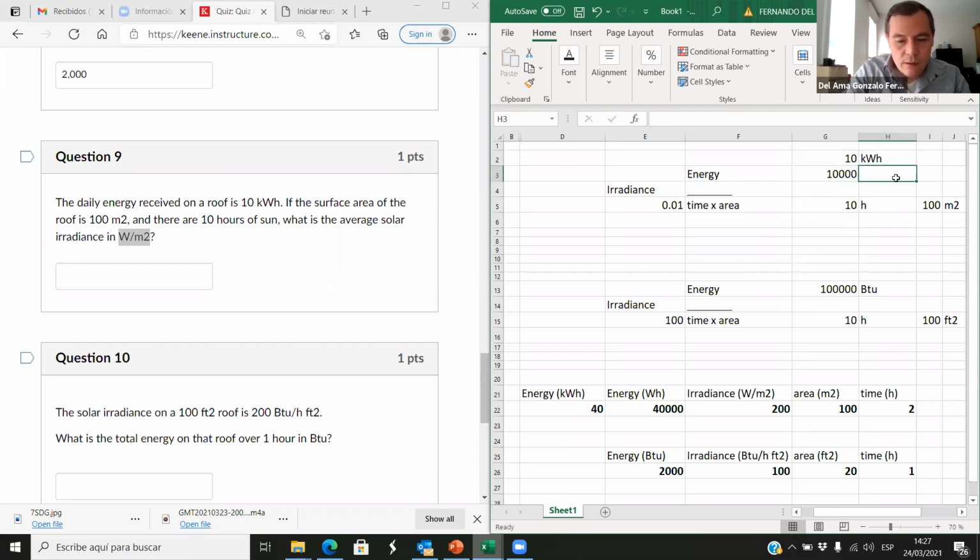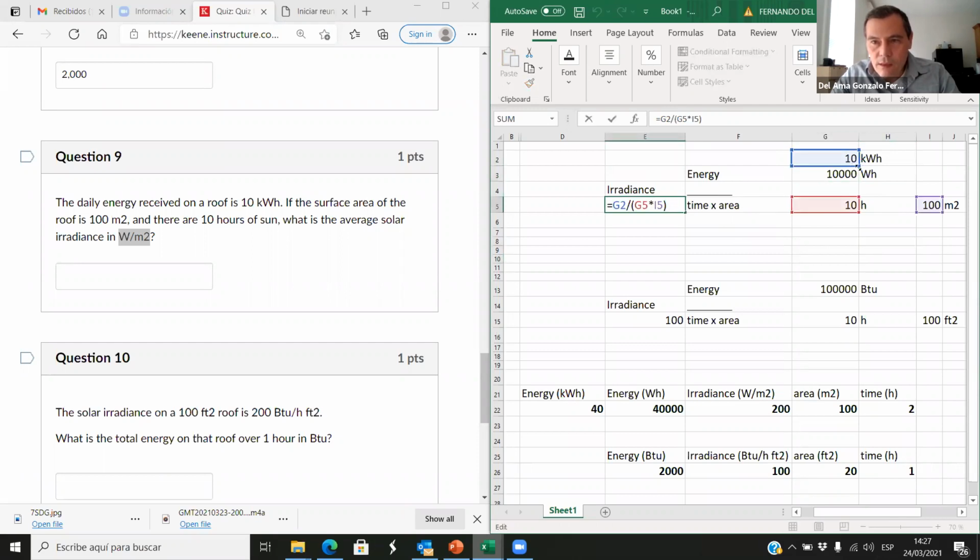Okay, so that would be watt hours. If this is kilowatt hours, if we want to turn this into watt hours, it has to be multiplied by 1,000. And now we have to change this. There you go.